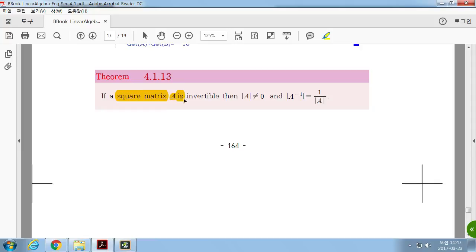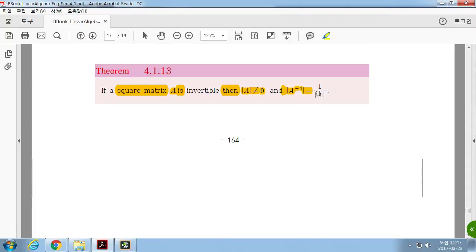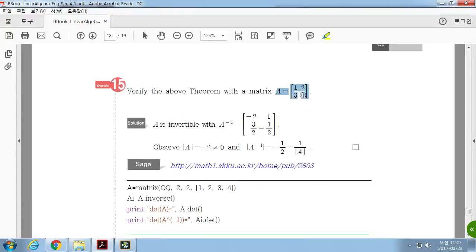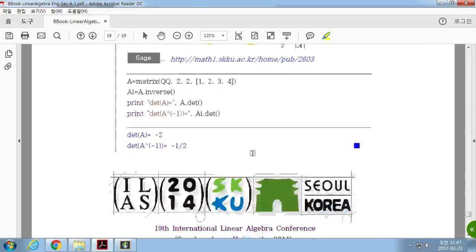For a square matrix A that is invertible, with determinant of A not 0, the determinant of A inverse is always the reciprocal of the determinant of A. See, if it is a matrix and A inverse is this, then the determinant of A inverse is just 1 over -2, like this. It always works.